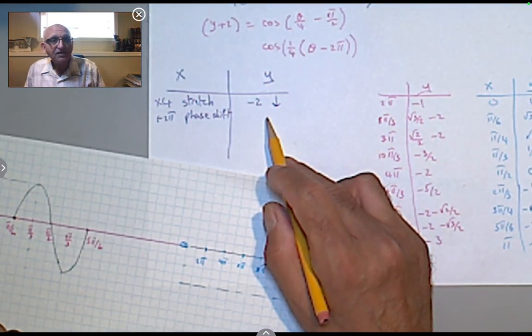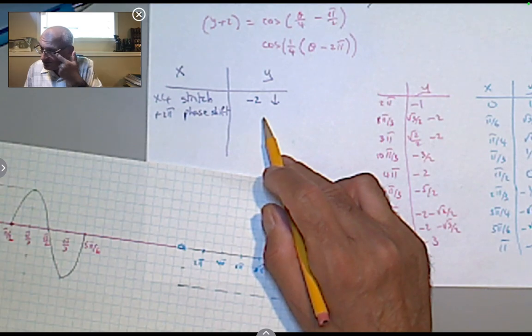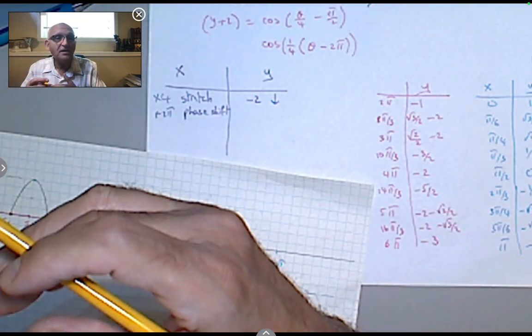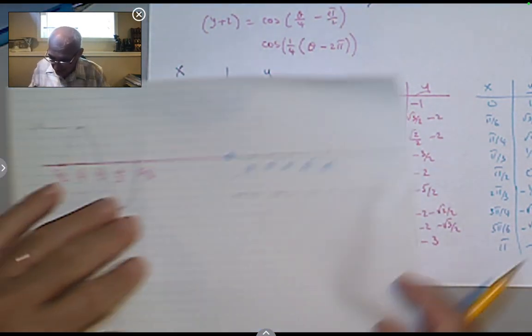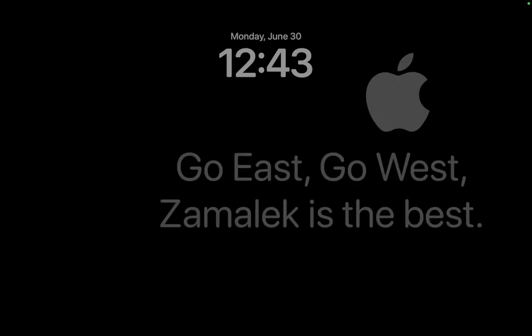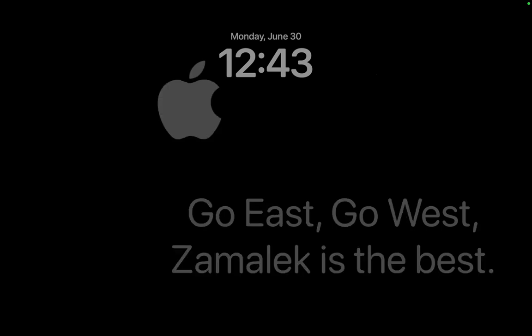We didn't stretch the y, so the amplitude is still 1. If I start at -2, the maximum would be at -1 and the minimum would be at -3. So this line is the max and this line is the min.